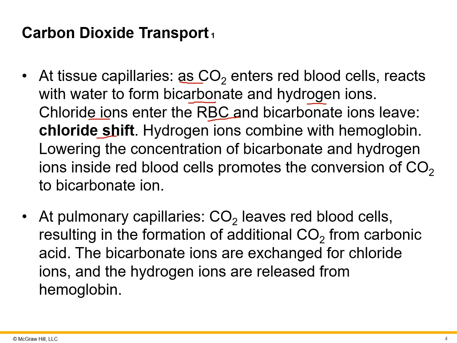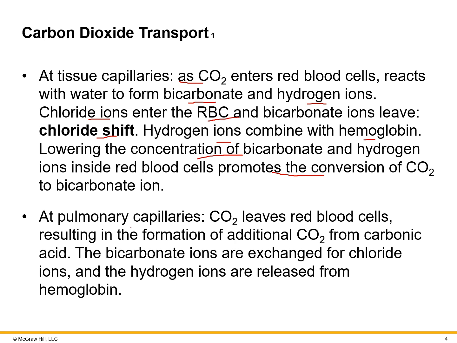And that hydrogen ion that comes off of there combines with the hemoglobin, lowering that concentration of bicarbonate and hydrogen inside, which helps to promote the conversion of carbon dioxide to bicarbonate.